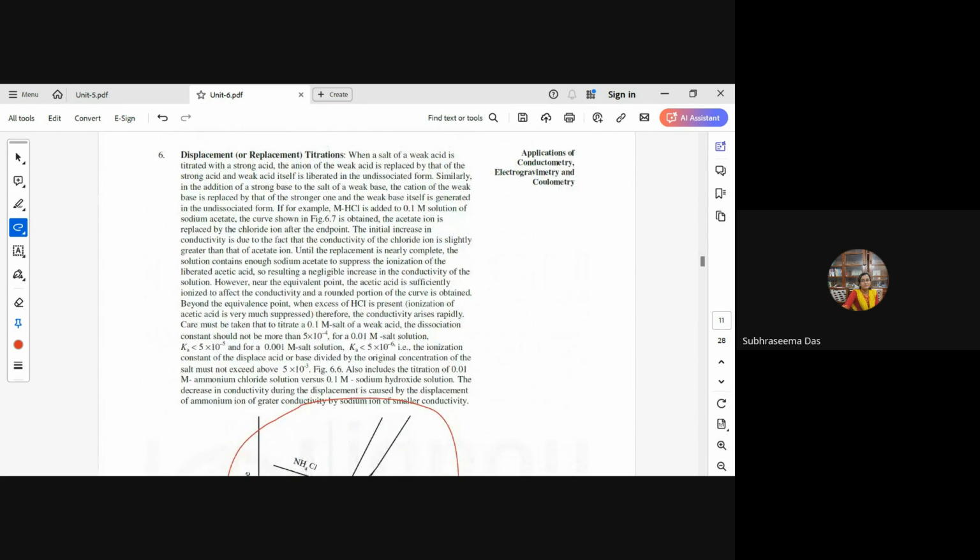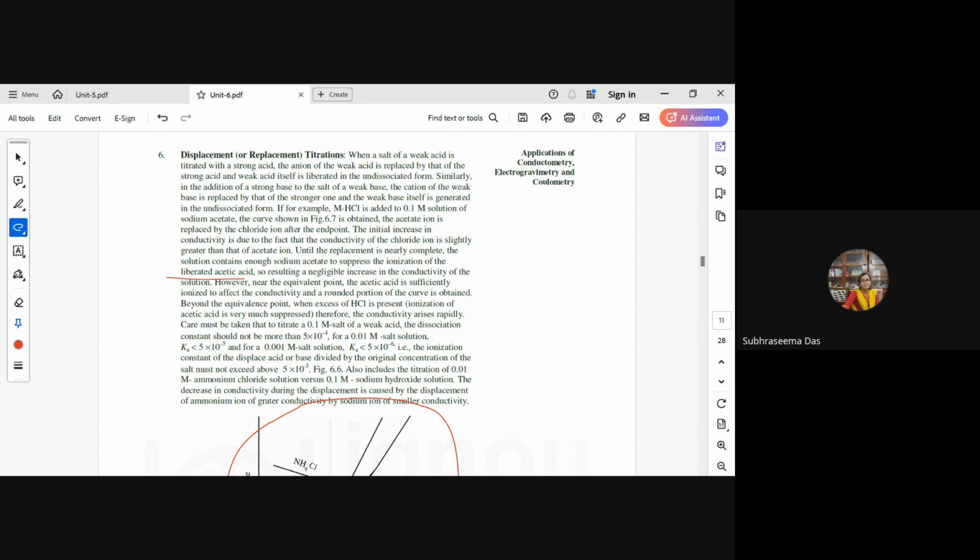The initial increase in the conductivity is because the conductivity of the chloride ion is slightly greater than that of the acetate ion. Now when the replacement is totally complete, the solution has sodium acetate that will suppress the ionization of the free acetic acid. So we see a negligible increase in conductivity.